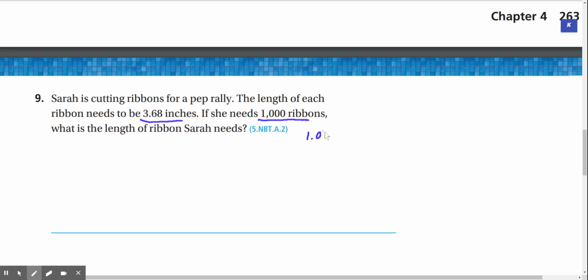And we know from our practice that we're just going to move the decimal 3 places over. So 1, 2, 3. That becomes 3,680 inches of ribbon that she needs for the 1,000 ribbons.